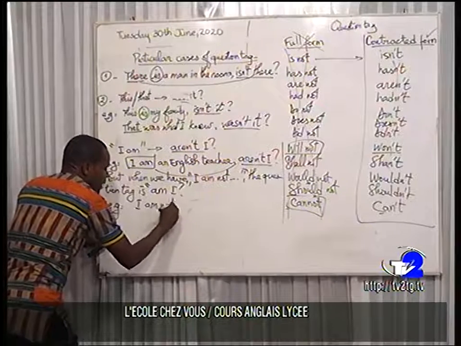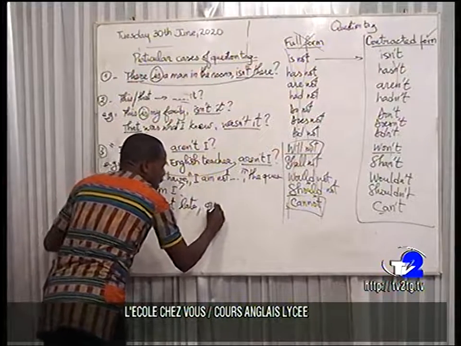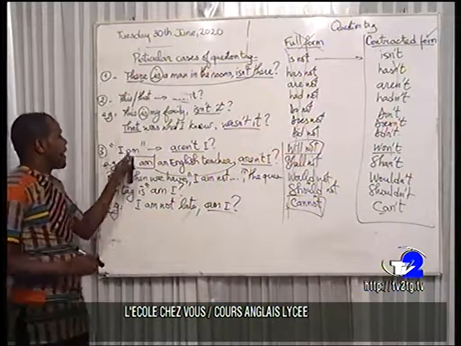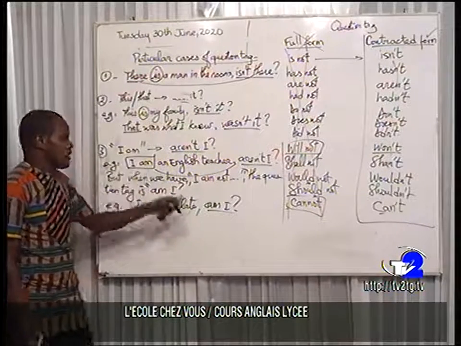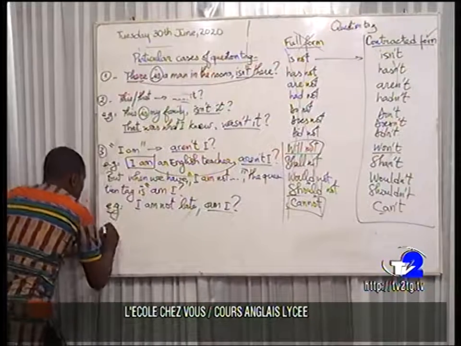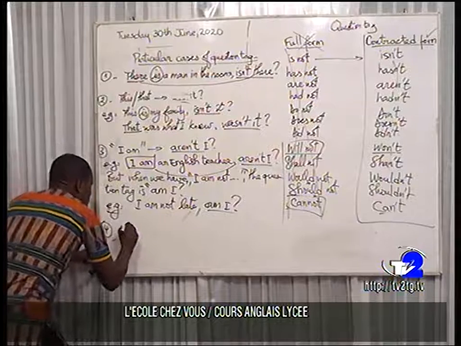I'm not late, or I am not late. The question tag should be am I. There's no problem with this one. It's only when you have I am in positive form that you must use aren't I. Good. Let's quickly move to number 4. How do we form question tag with commands?